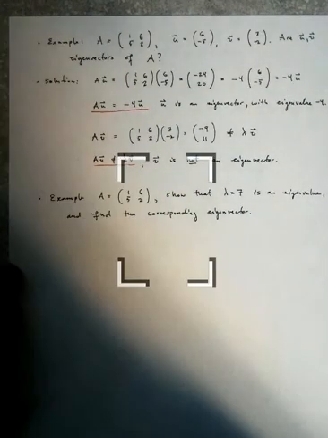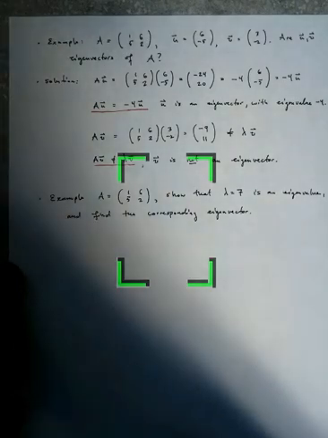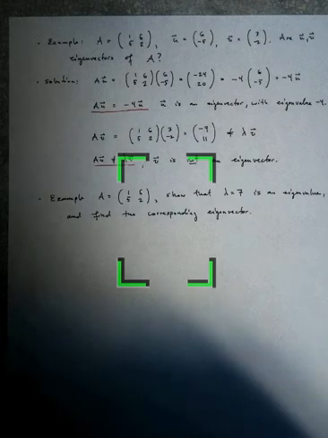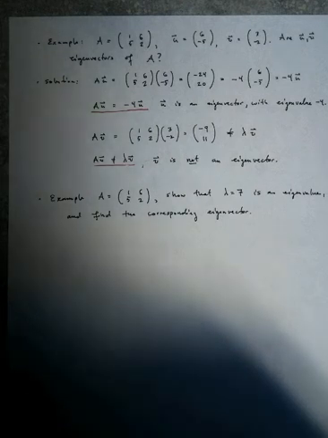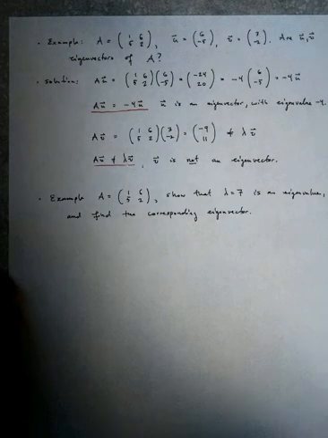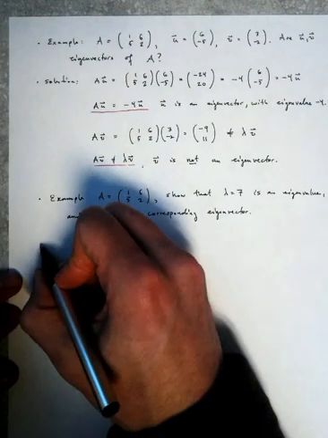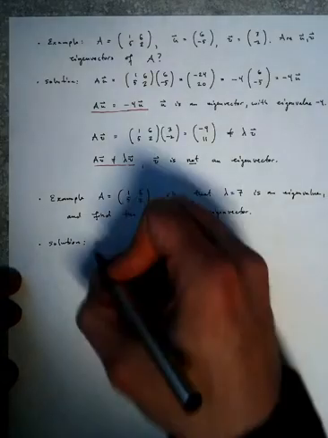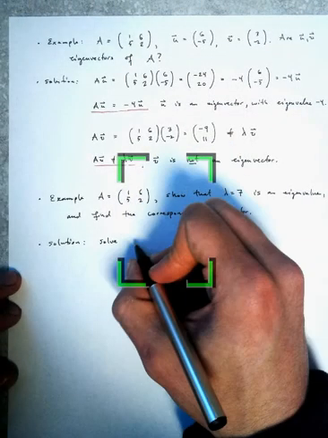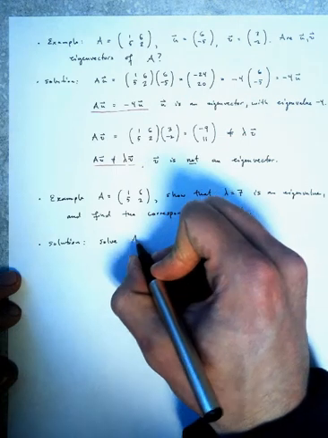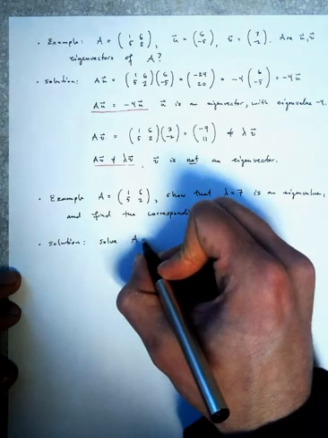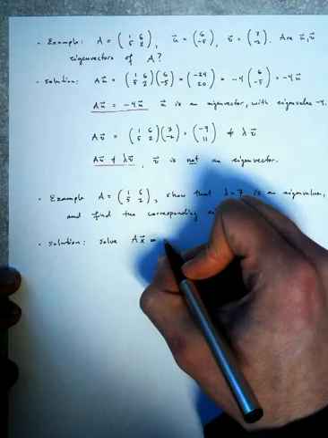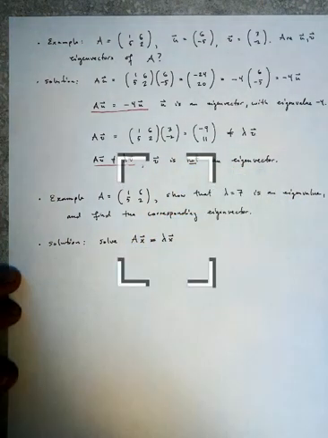So here's how to do this. The way I'm going to do this is the way you're going to do any of these problems where you want to show that a given number is an eigenvalue. You want to solve A times some x equal to lambda times that x.